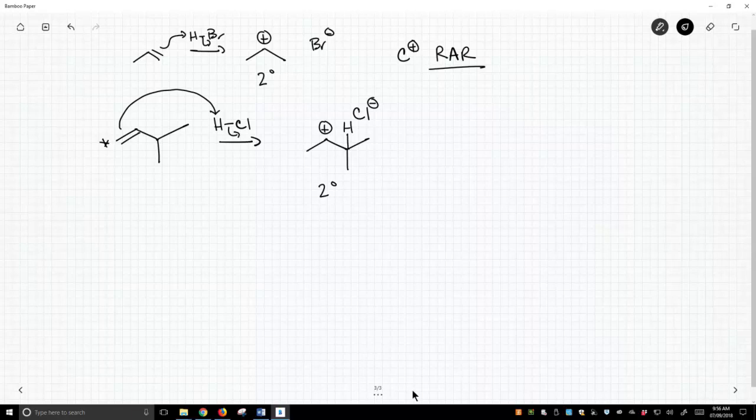So this carbocation is next to a CH bond. The sigma bond of the CH bond is going to hop over, it's going to drag the hydrogen with it, over to this carbon. And as we move electrons in the molecule, we're also going to move the position of the positive charge. And so we will go from having a secondary carbocation to a tertiary carbocation.